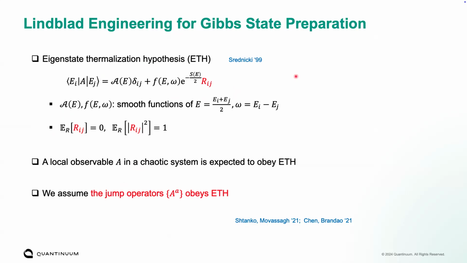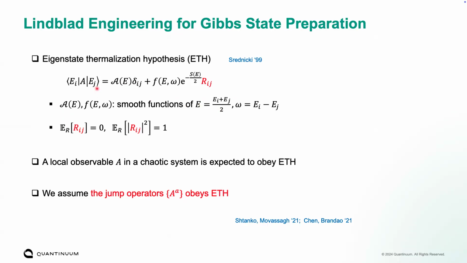So what is ETH? Just quickly. Given some local observable A, you express its matrix element in the energy eigenbasis of the system Hamiltonian H, and then it is expressed this way on the right-hand side. The first term, A of E, encodes the thermal expectation value of the system at some energy E. Here E is the average energy between E_i and E_j.